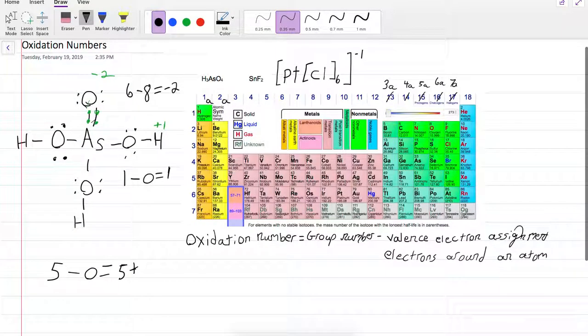Now for oxidation numbers, if you add up all of them together, you should get the original charge of the overall molecule. Now let's take a look here. We have a +5 from arsenic. We have 1, 2, 3, 4 oxygens that have a -2 charge, so that's going to be 4 times -2, and we're going to have 1, 2, 3 hydrogens that have a +1.